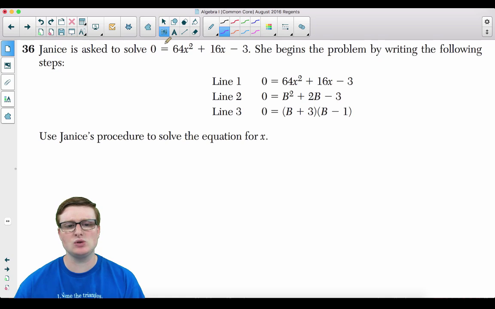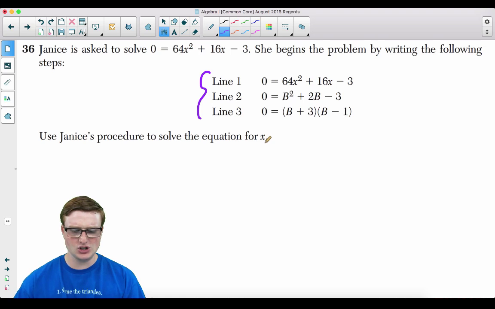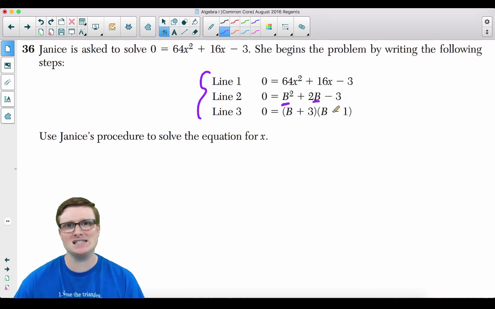Janice is asked to solve 0 equals 64x squared plus 16x minus 3. She begins the problem by writing the following steps. All right, so we have line 1, line 2, line 3. Use Janice's procedure to solve the equation for x. Okay, for some god-awful reason, she's all of a sudden substituting in b's.